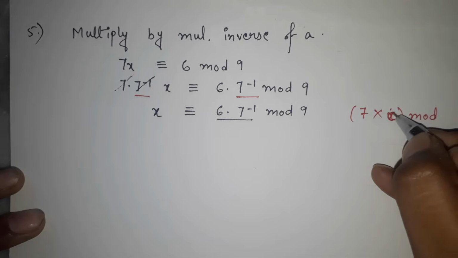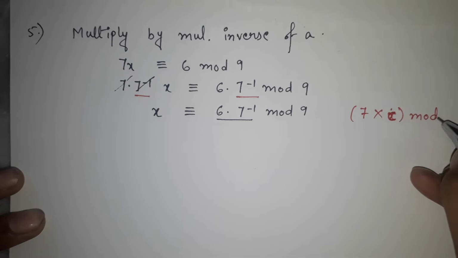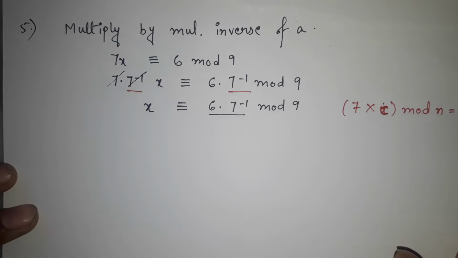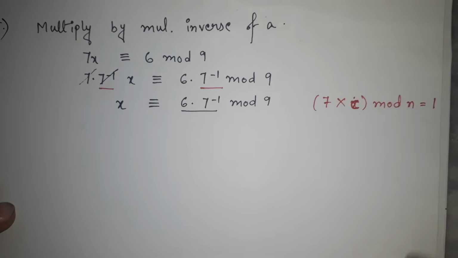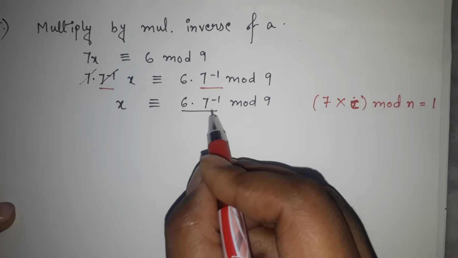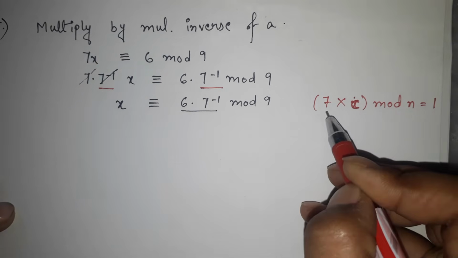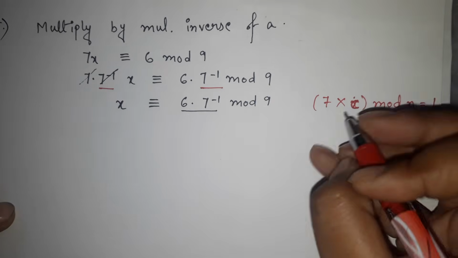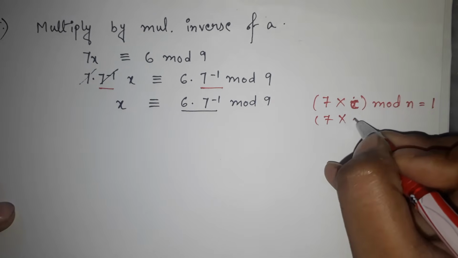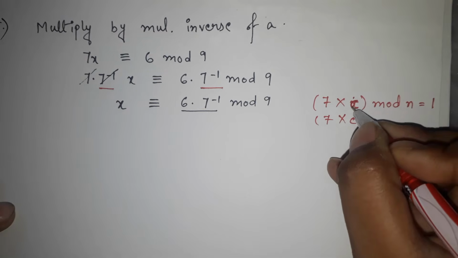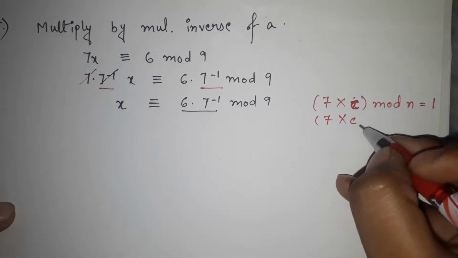Let's take it as c. 7 into c mod n, you should get this as 1. Because we have to find 7 inverse, 7 into c mod n should be equal to 1. So this c would be 7 inverse, that you have to find out.